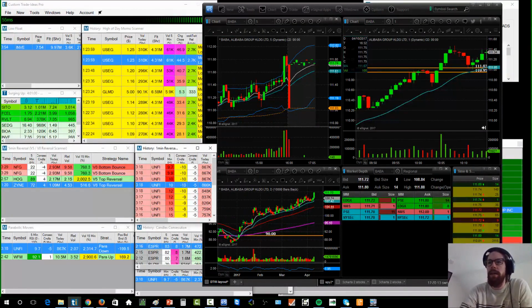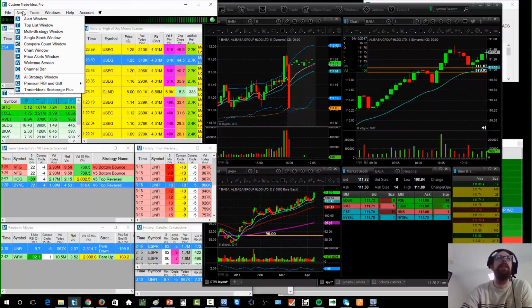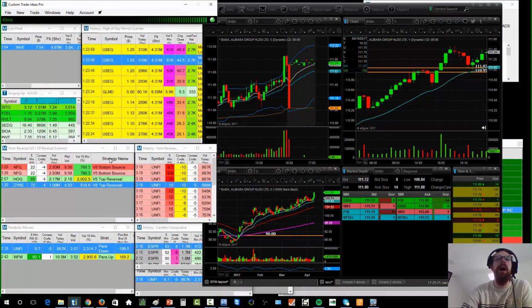Okay, so now, as I mentioned, Trade Ideas does have some more advanced features. There's an AI strategy window. I have not used this for any of my trading because I have my own strategies that I trade.